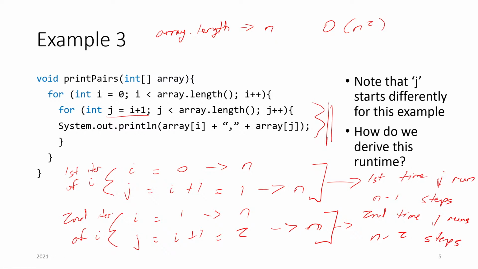So that means the third time and the fourth time it's going to be n minus 3 and n minus 4 accordingly as we keep on going up in values, right?